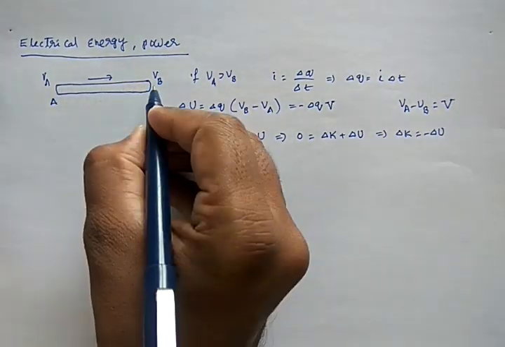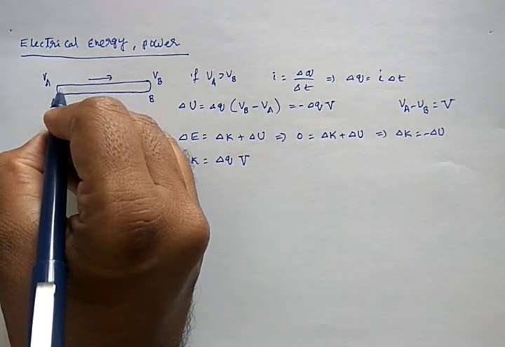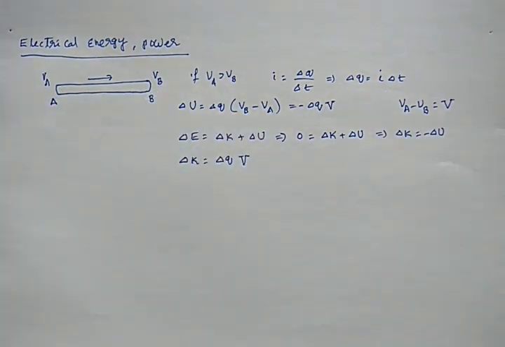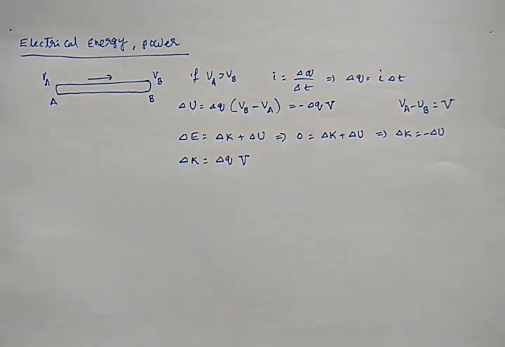But in conductors, all charges at any point move with constant velocity, so there will be no change in kinetic energy.